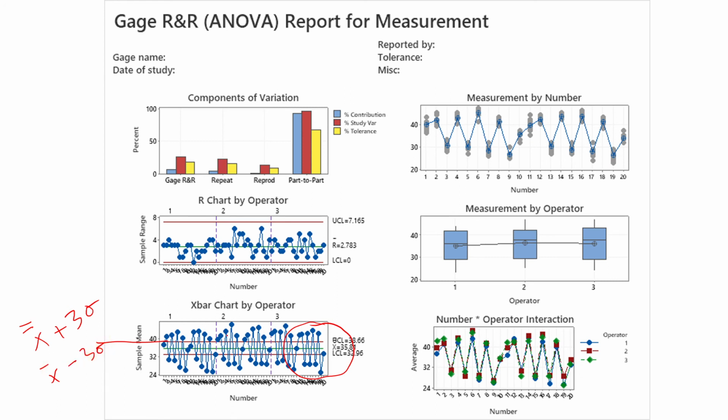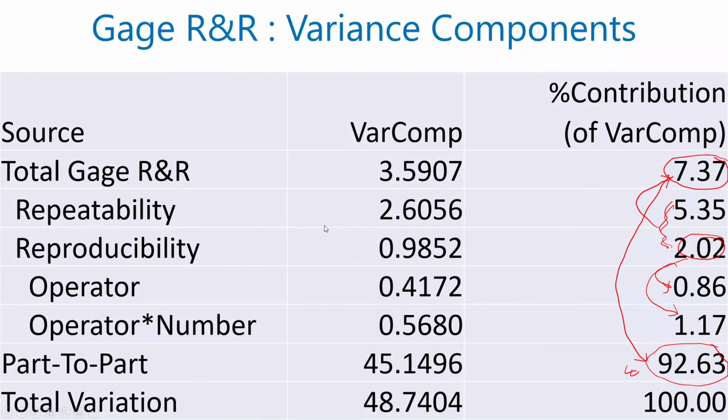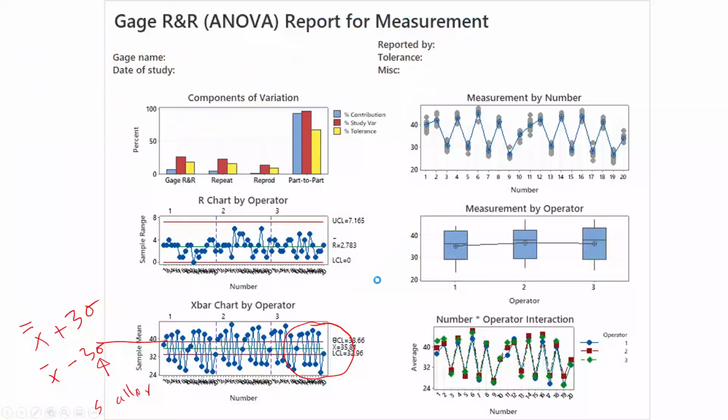Most of the points are going out of control, indicating that this sigma value is smaller, so the gauge variation is smaller. We have seen that before: the variance component for the gauge sigma is only 3.5 compared to the total variation, which is 48. So it is smaller, and that's why these points are going out of control.